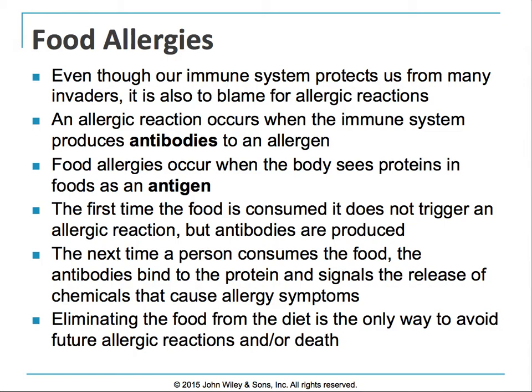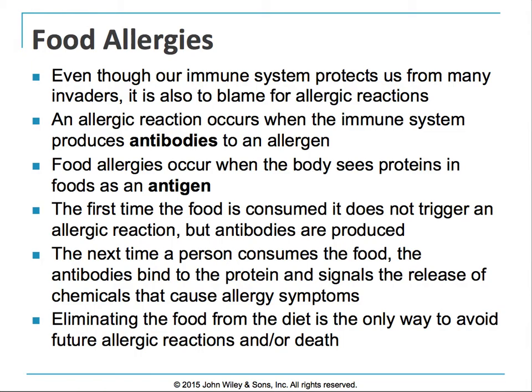The first time a food is consumed, it does not trigger an allergic reaction, but antibodies are produced. So the first time you consume a food, say the first time you have peanut butter, you won't have a problem at all. If you end up having an allergy to peanuts, you wouldn't see that until the second time that you consume peanut butter.